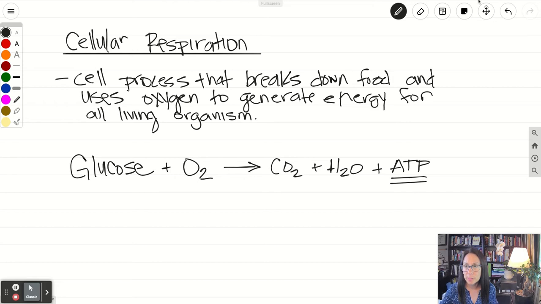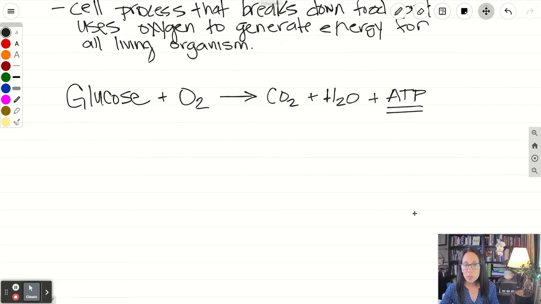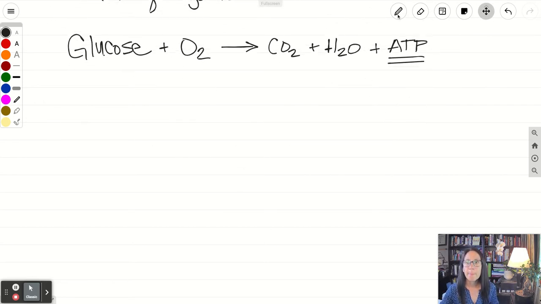Now I'm going to break down this process into three parts. There are three steps in cellular respiration. I'm just going to briefly introduce them to you. There are a lot more details that I'm leaving out, but for the sake of this class, you don't need to know all the details.